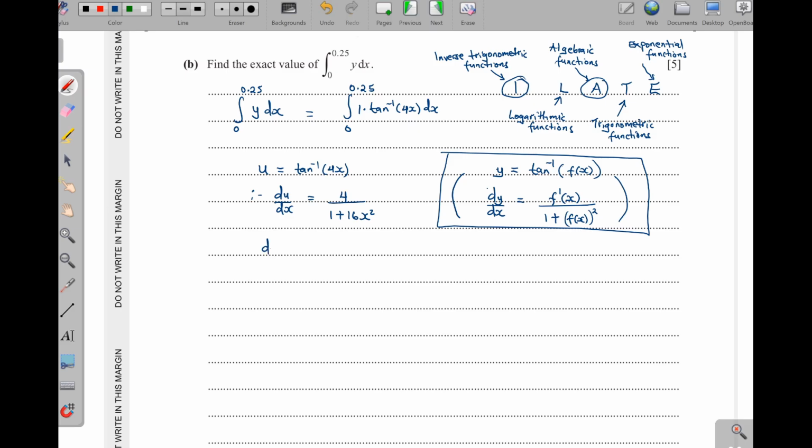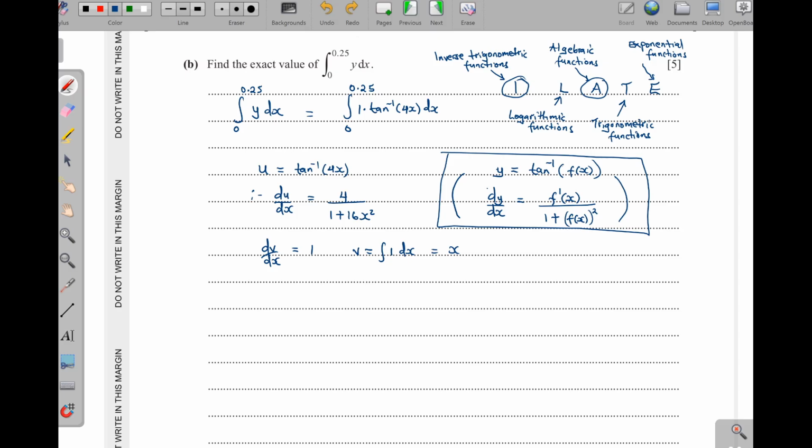Then what else do we have? dv/dx is going to be equal to the one here. Remember, one function is supposed to be integrated. That is the dv/dx. Then our v is equal to the integral of 1 dx, which gives us x. We don't need to put plus c, because we are going to substitute in the integration by parts formula.